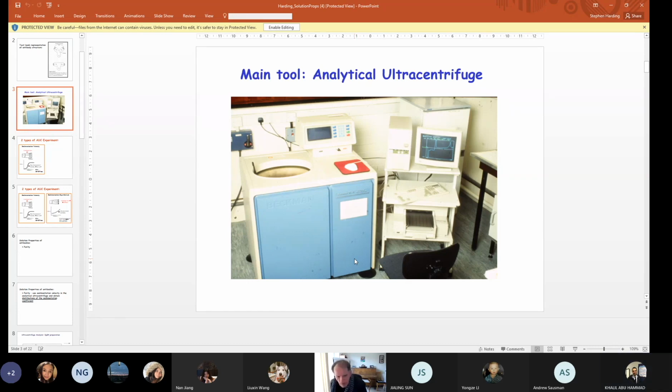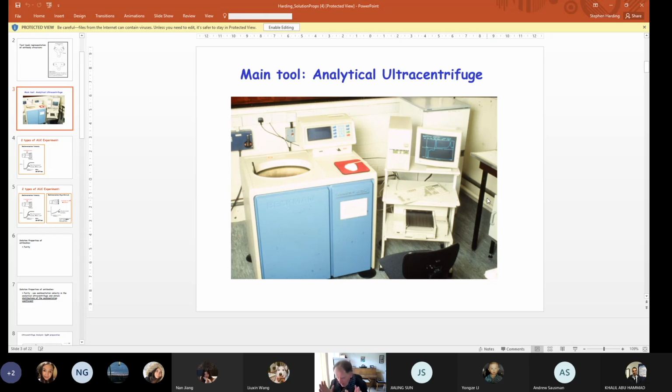So we're going to show the first 2 or 3 slides introducing the method, and then we'll show the clips, and then we'll go through and show you how this instrumentation is used to quantify purity, aggregation, and conformation.